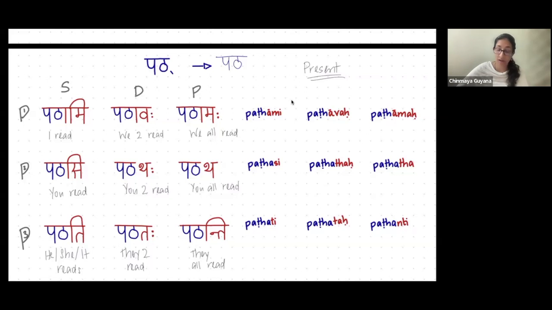Pathati, pathatah, pathanti. Not patanti, pathanti. Remember, if you say patanti, it means they all fall. If you say pathanti, it means they all read. So the difference is so close. The pronunciation is so similar, right? So watch out for that.